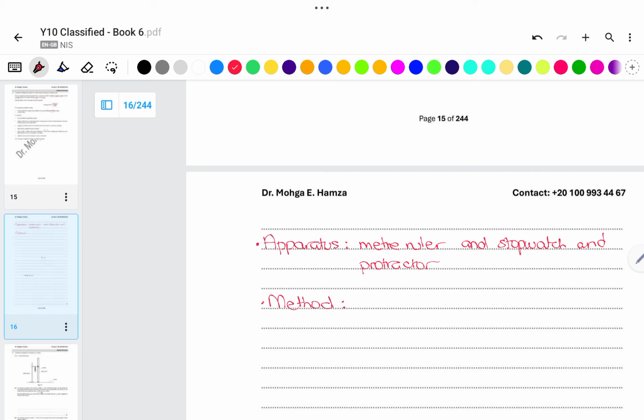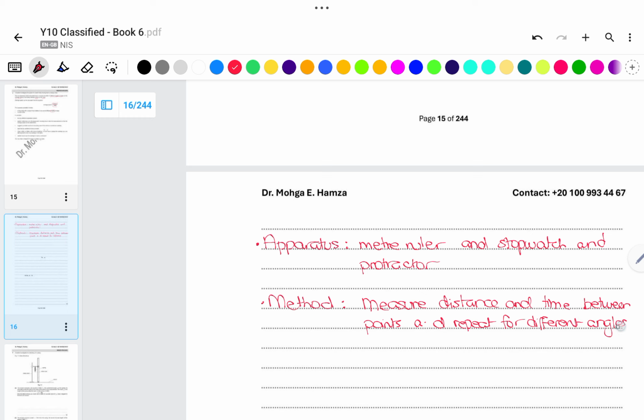So for the method, I'm going to measure distance and time between points, because we have to specify the points for more accurate results. Okay, and repeat for different angles.